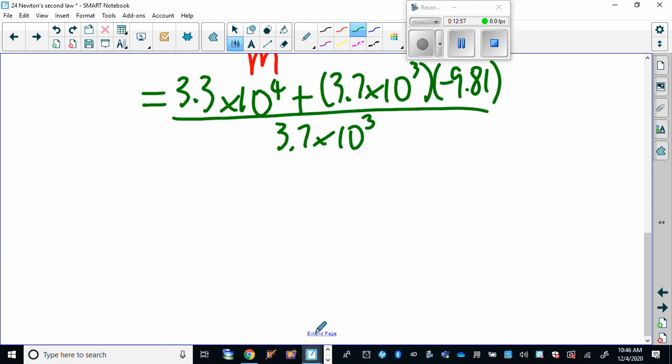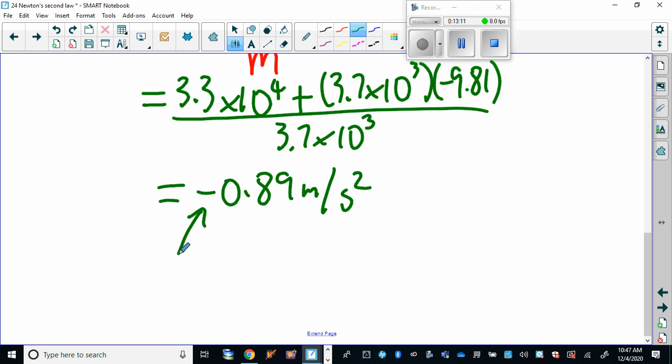And you stick all that into your calculator, and what do you end up getting? You end up getting negative 0.89 meters per second squared, and the negative simply means that it's going down.